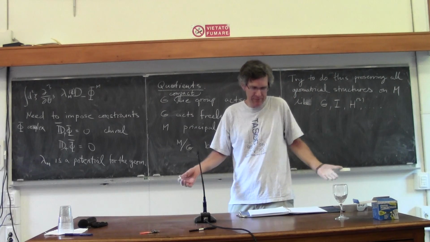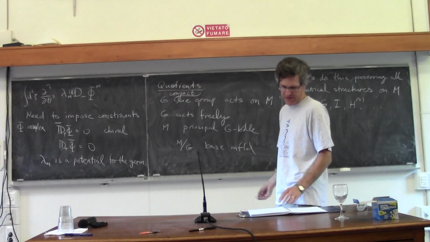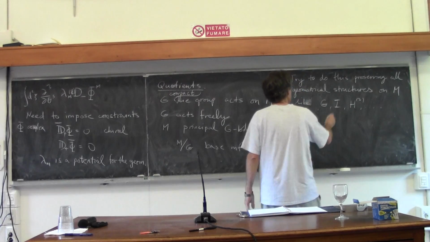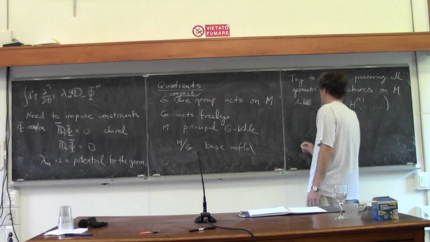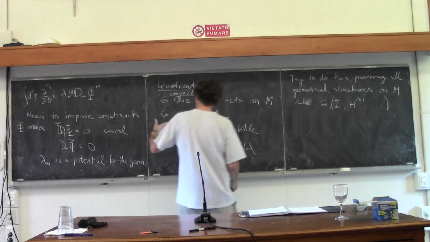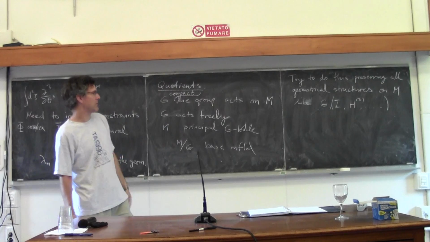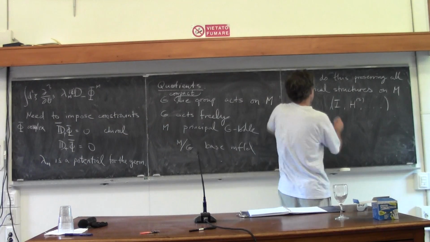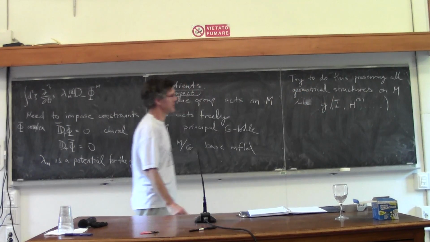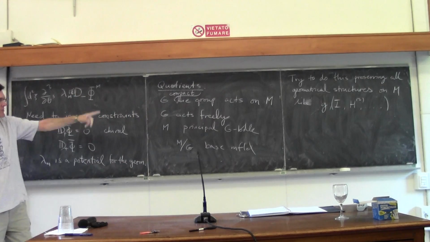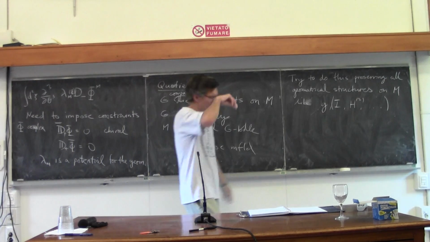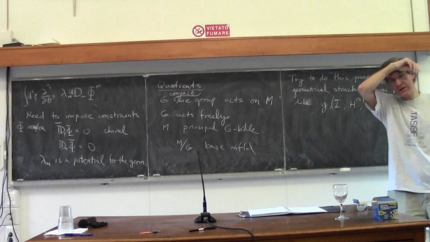Right. So the simplest case is if you just have a metric. Then you have to say something additional about how the big G, the Lie group, acts. The smaller metric is small g.